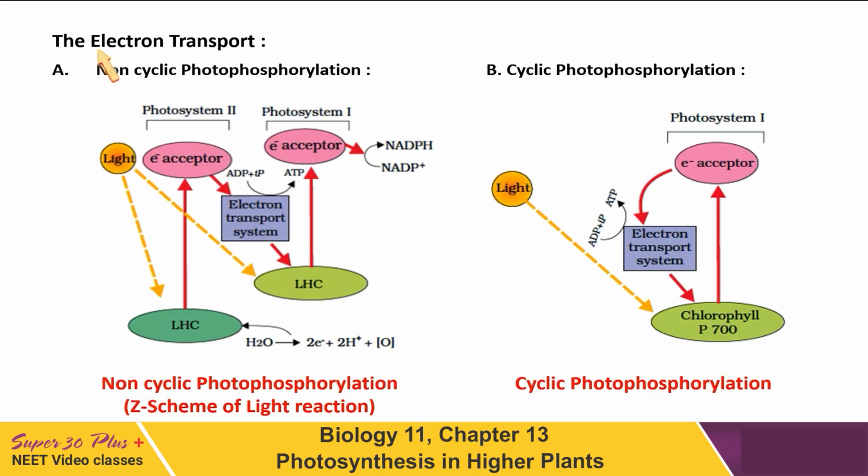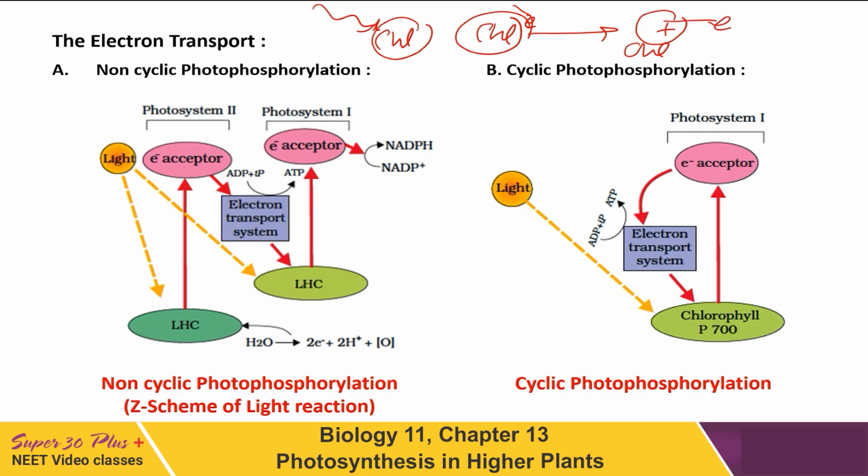Okay. Now you see electron transport system. What we mean by, you see, in photosynthesis light energy is to be trapped by absorption of this light energy. Let this be the chlorophyll molecule. After absorption of energy, chlorophyll molecule will be excited. The electron will jump to outer orbit, and ultimately this chlorophyll will be oxidized here, and the electron will come out from this.